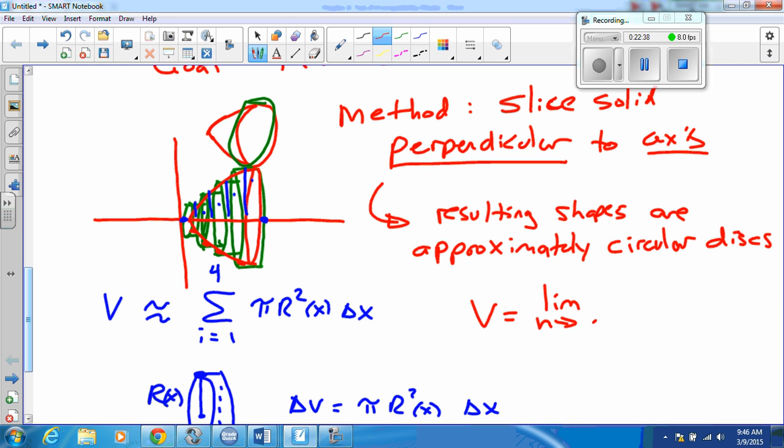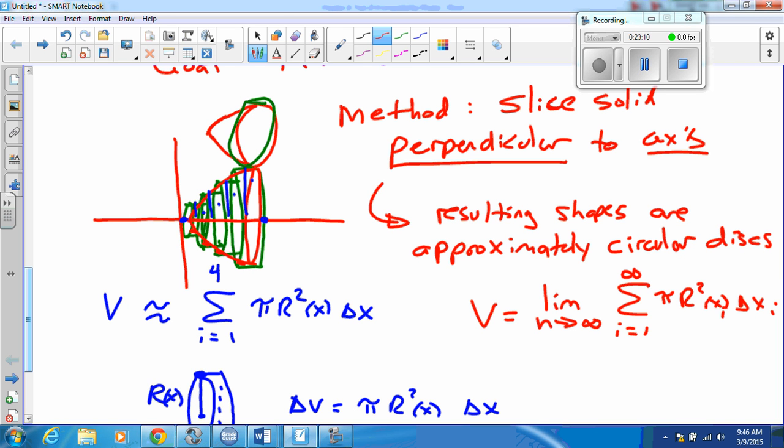And in the limiting case, as n goes to infinity, the amount of error is going to go to 0. And as a result, I get a legitimate Riemann sum, but it is not an area sum.